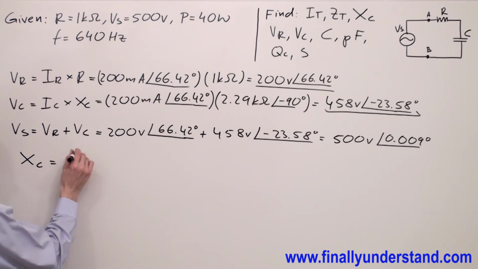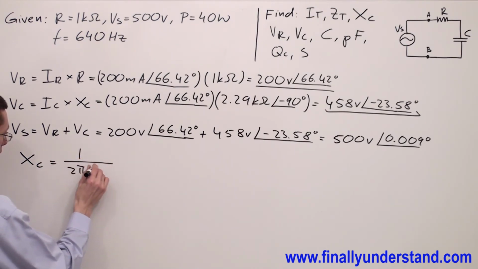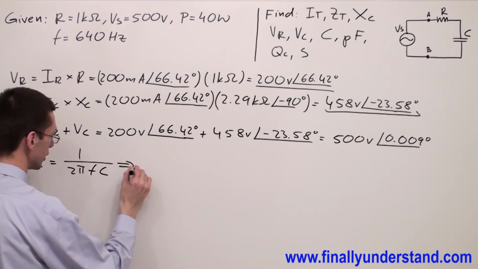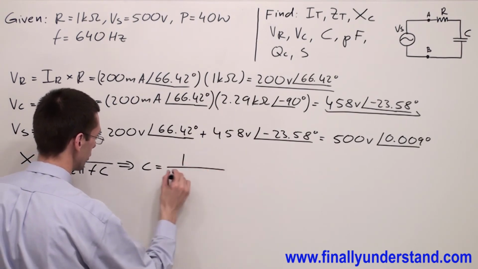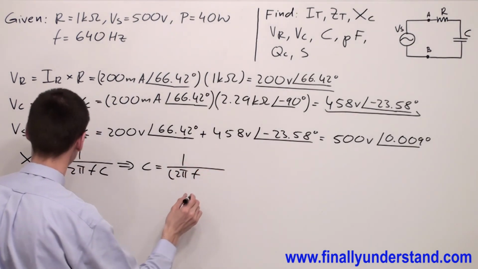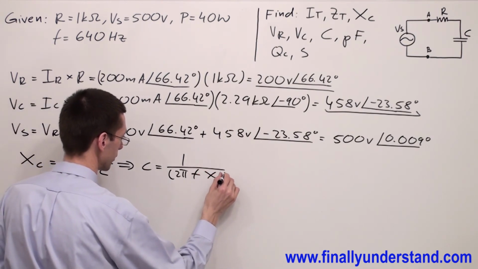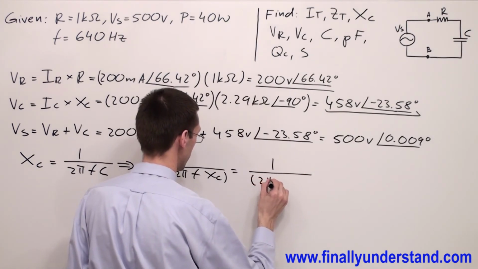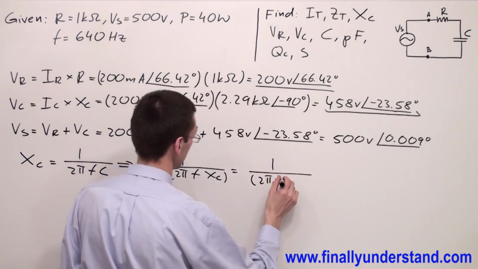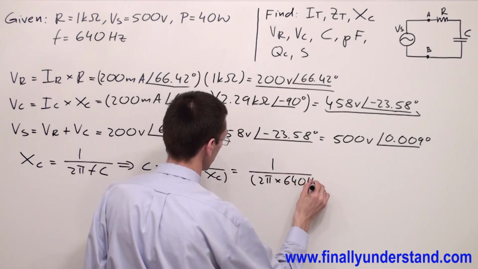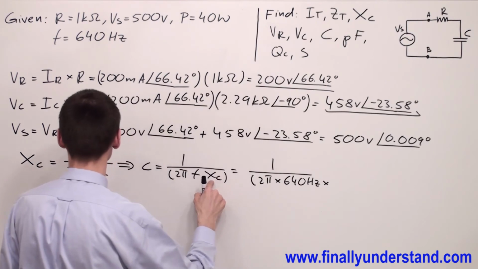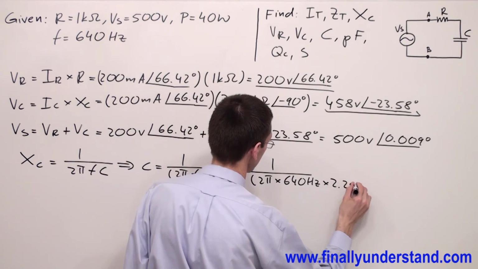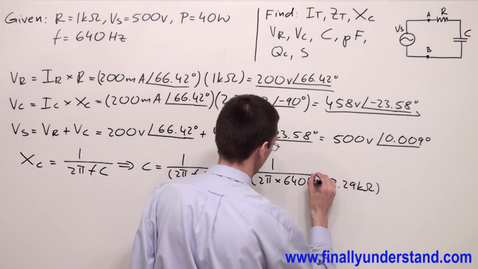X of C is equal to 1 over 2 pi F C. Use algebra to solve this formula for C. C is equal to 1 divided by, open parenthesis, 2 pi F times X of C, equals 1 divided by, open parenthesis, 2 pi times F, 640 Hertz, times X of C, which is equal to 2.29 kiloohms.